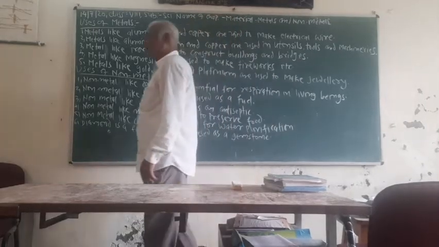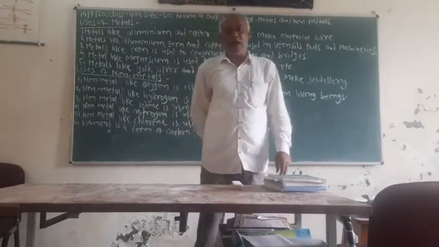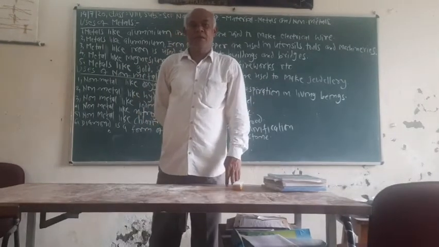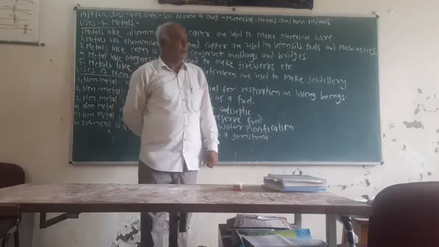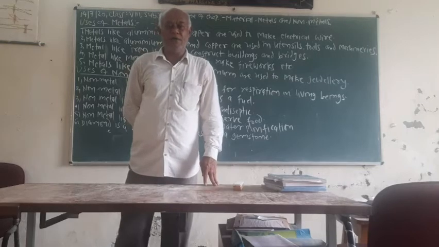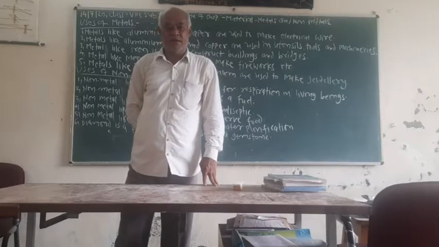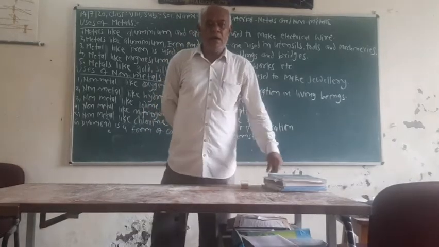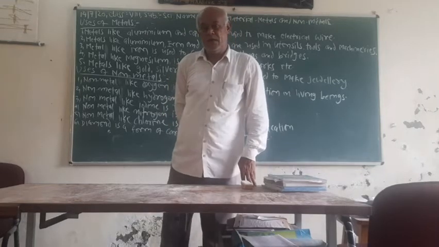So, what are the uses of metals? We know the examples of metals: iron, aluminium, copper, magnesium, silver, gold, platinum, etc. We also know examples of non-metals like hydrogen, oxygen, nitrogen, chlorine, carbon, sulfur, etc. We know the uses of these metals as well as non-metals.